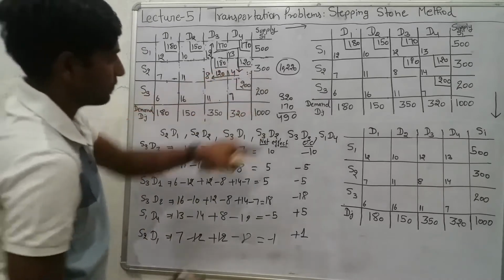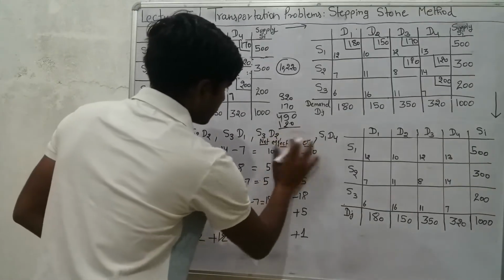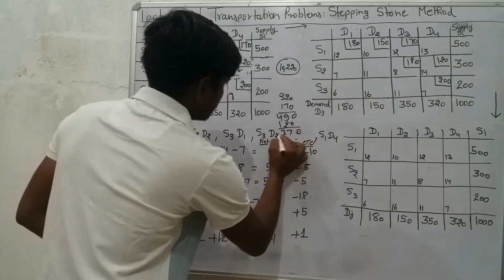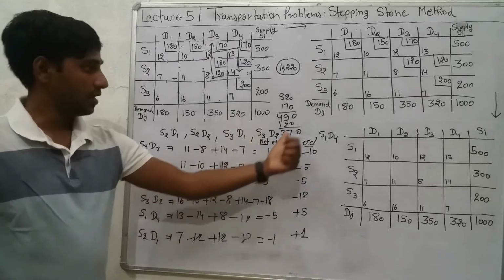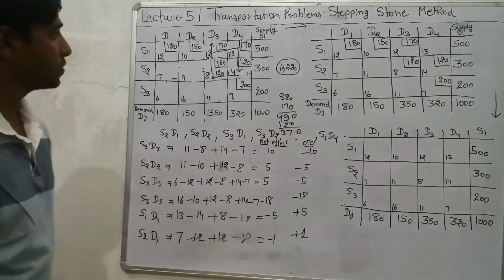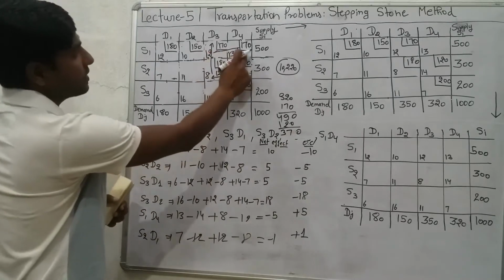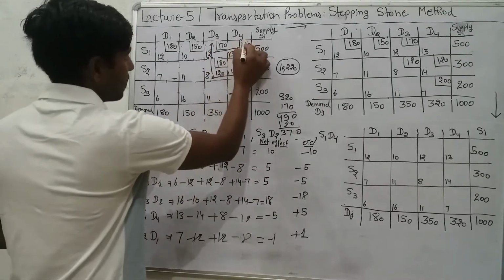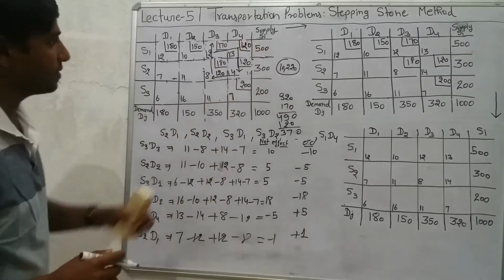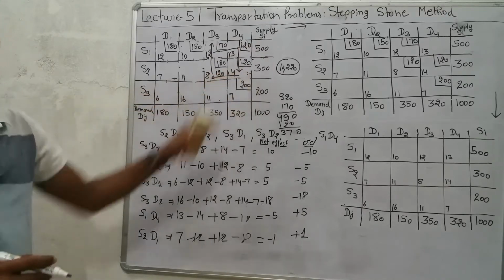What would be the balance? 370. But the requirement is 320 units, and still we have 370 units. So we cannot transfer 170 units to this cell. We can transfer only 120 units, because to balance it out we have only 120 units in this particular cell.